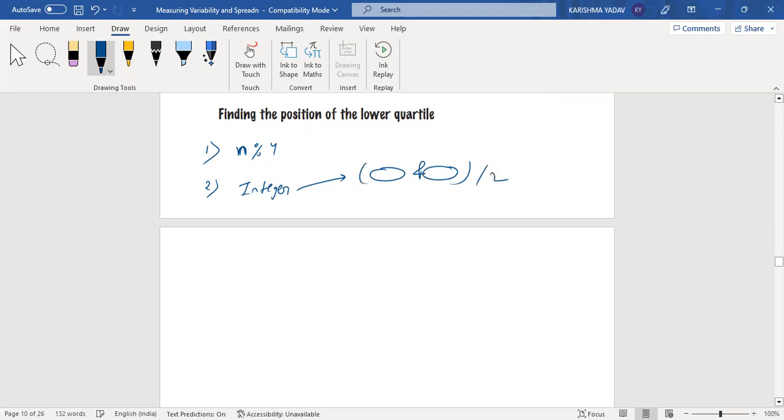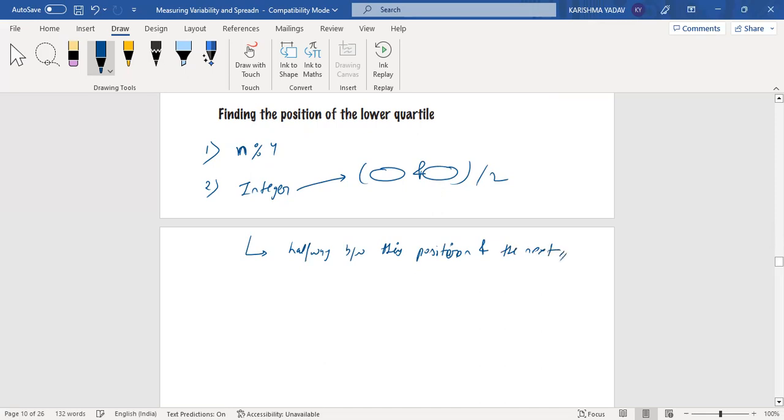Just like the median, if we have an integer value, then the lower quartile is halfway between the integer's position and the next one.